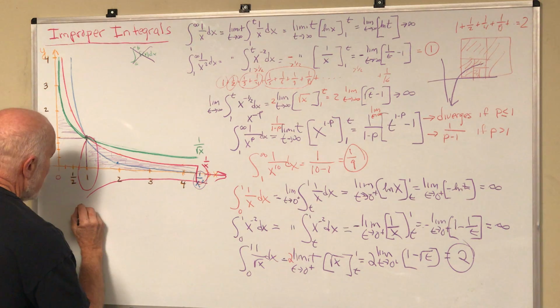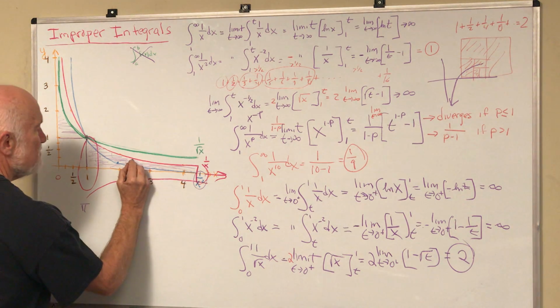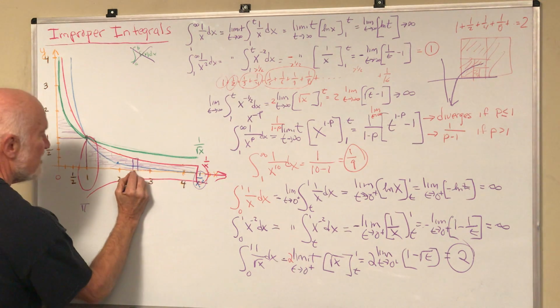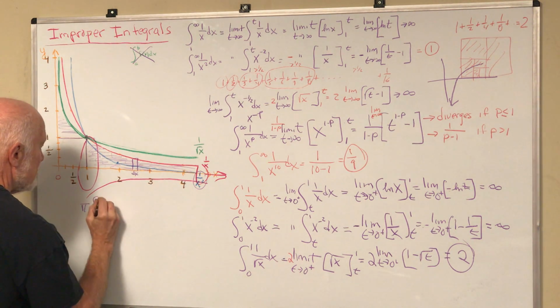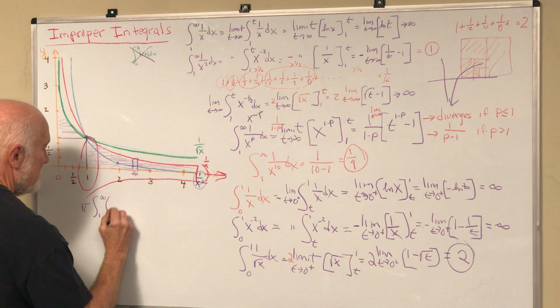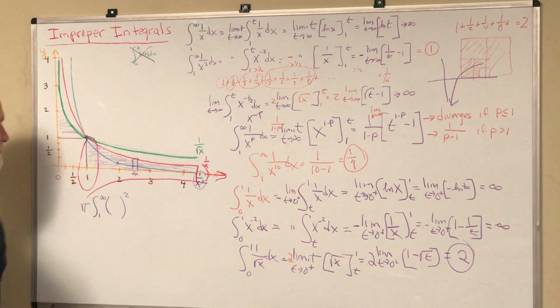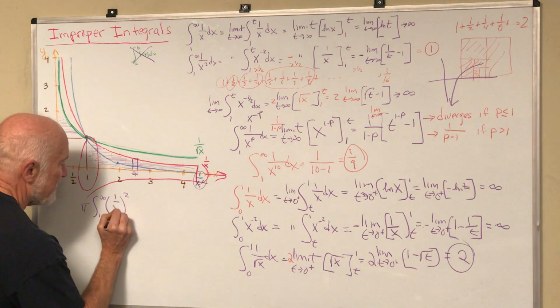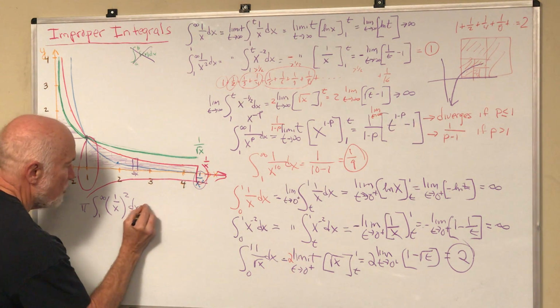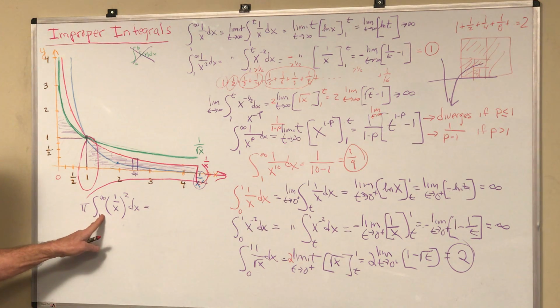So we're going to go by discs, because we're going to make a little rectangle and do discs. Pi times the integral from 1 to infinity of the radius squared. Well, the radius is just 1 over x. So we've already done this problem.